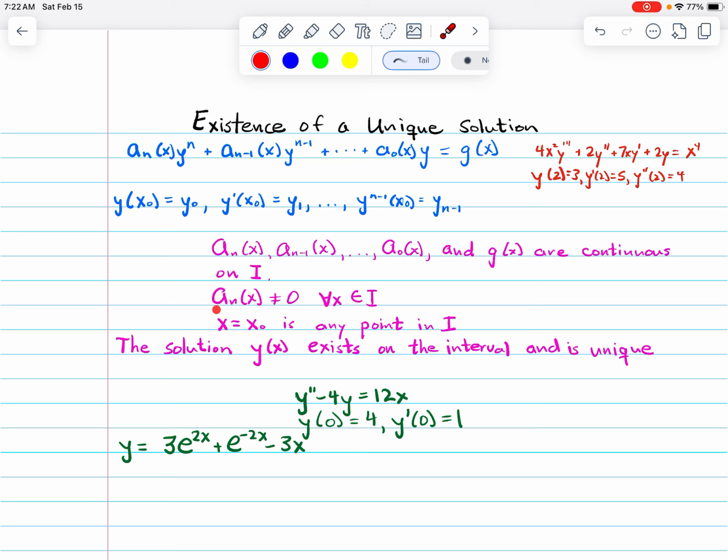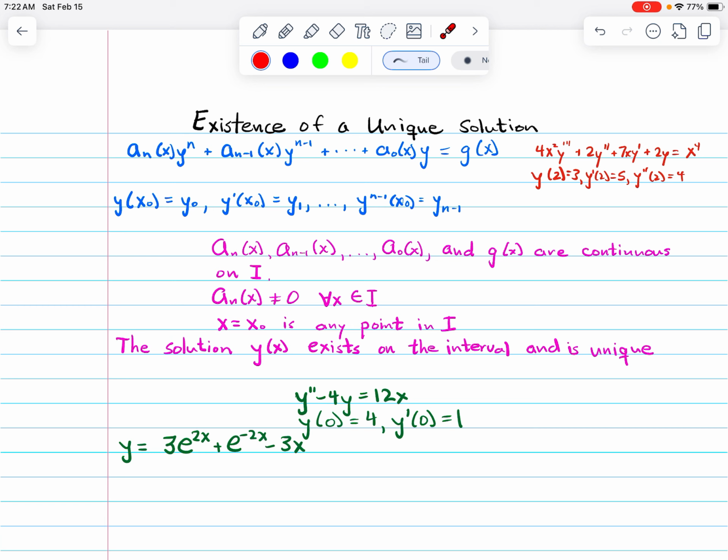Also, this a sub n, the coefficient for the highest derivative, doesn't equal 0 for any x on that interval. When this happens, and x naught is in this interval, the solution exists when these conditions are met on that interval, and it's unique.